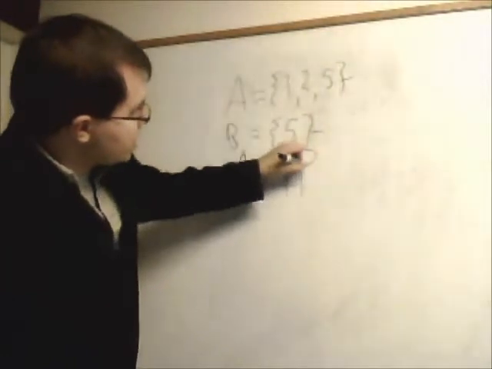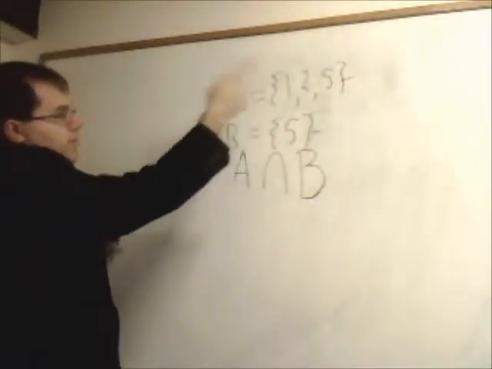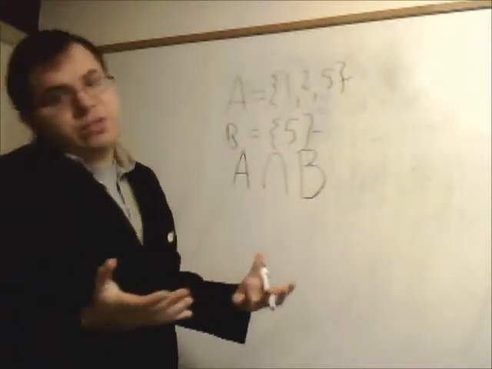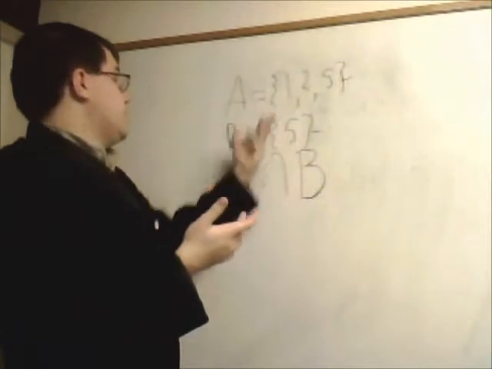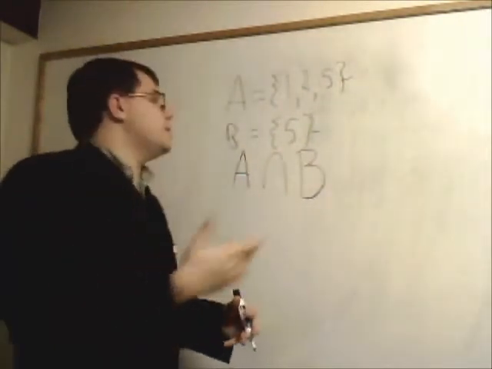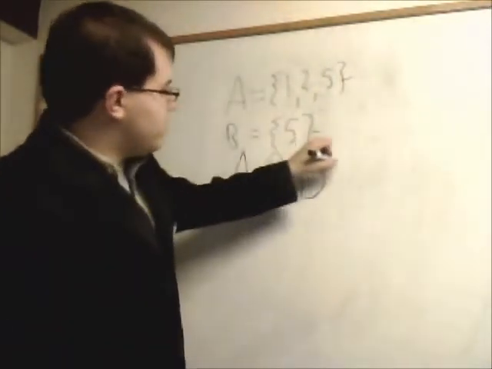So A intersection B, where A is {1, 2, 5}, and B is just {5}. What the idea of intersection is, you take the intersection between here and there. So you look for all the common elements, and your output is simply all the elements that are common between the two sets. It's relatively simple.